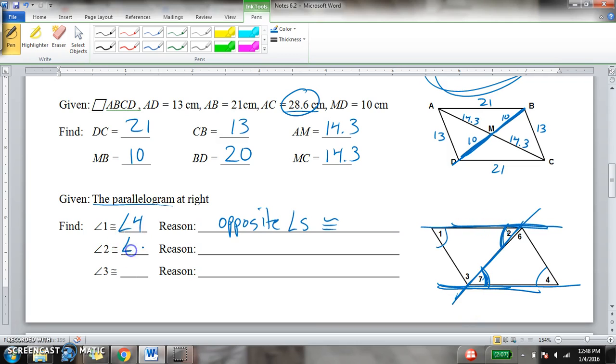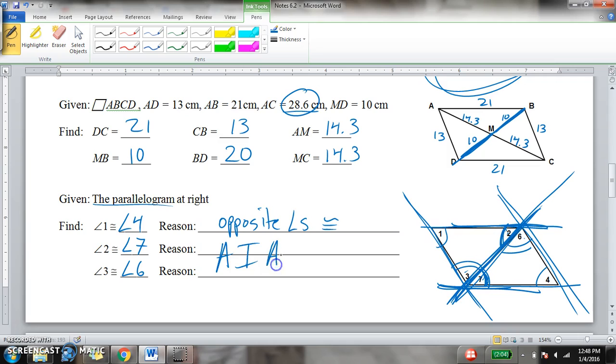So we're going to say angle 2 is congruent to angle 7, and angle 3 is congruent to angle 6 for the same reason. Now we've got these parallel lines, and this is still our transversal. 3 and 6 are in between these two lines, and they're on opposite sides of this transversal. So 2 congruent to 7, 3 congruent to 6, same reason for both, so I'll just write it over both of these: alternate interior angles.